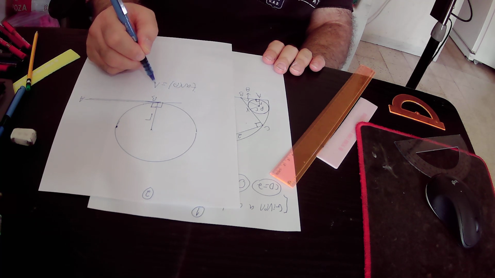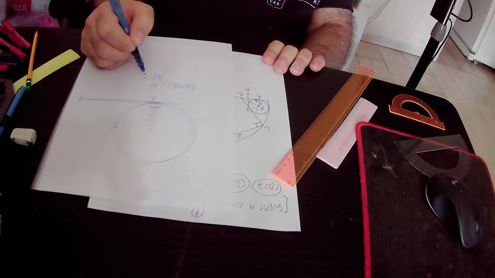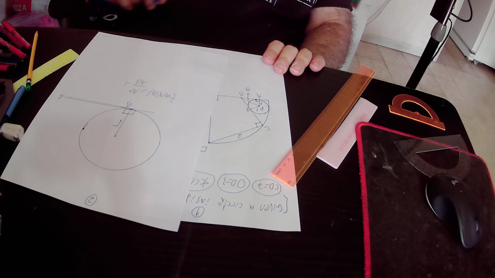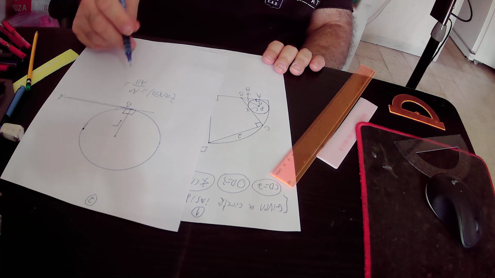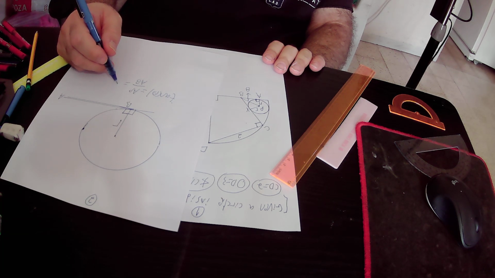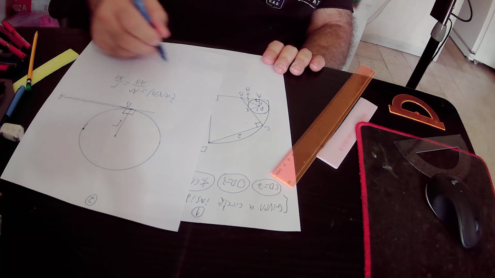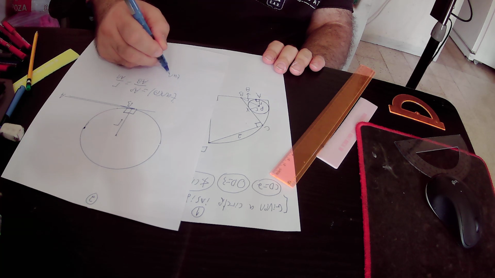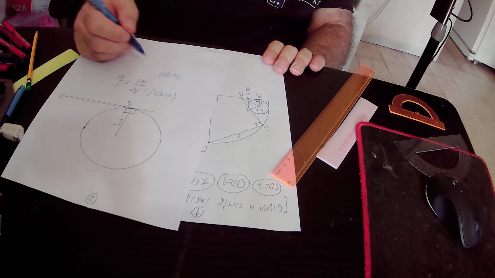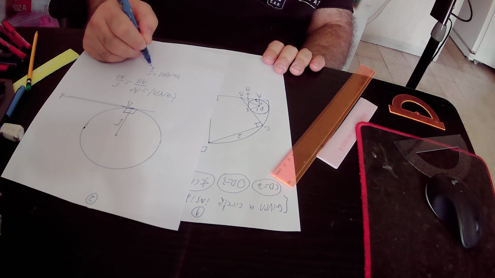equals AP over AB. Tangent theta equals AP over AB. But we know that AP is the radius of the small circle, so we can substitute AP by r. So tangent theta equals r over AB.